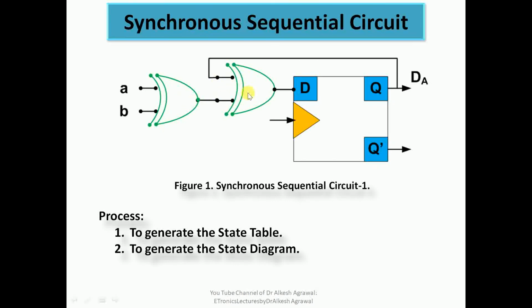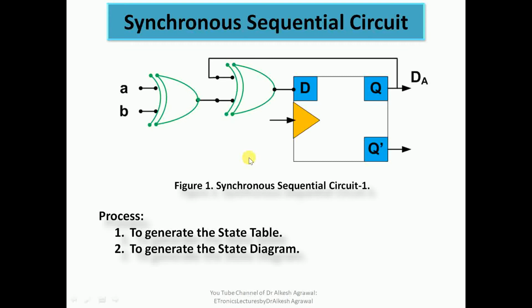In the first exclusive OR gate, one of the inputs is connected to the output of the D flip flop, that is Q(t), and in another exclusive OR gate we have two external inputs A and B, and the output is connected to the input of the first exclusive OR gate. So this is an example of a sequential circuit, and we have to analyze it.